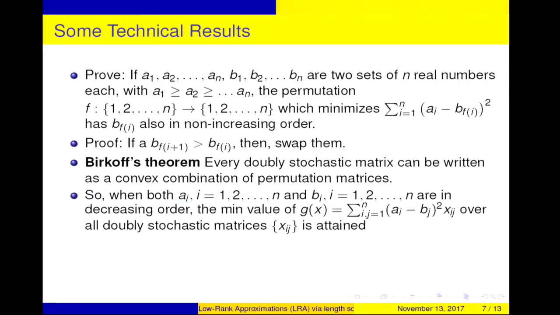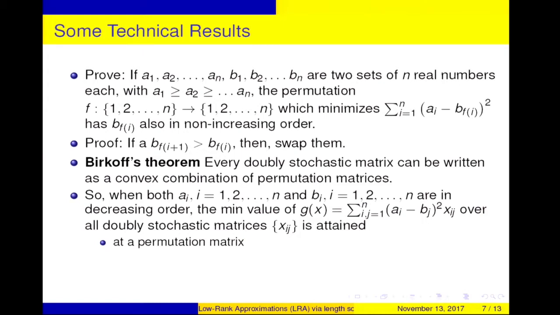Okay. So when the A_i and B_i are both in decreasing order, the minimum value of this quantity, the sum of (A_i minus B_j) squared times x_ij, which I'm going to try to minimize over all x which form a doubly stochastic matrix, is attained at a permutation matrix first.